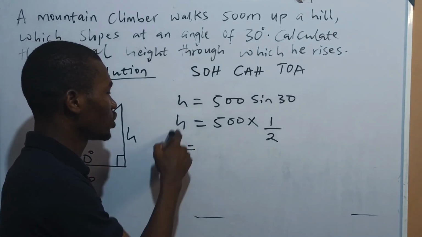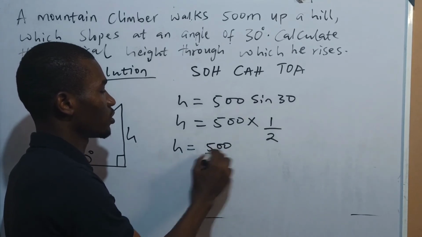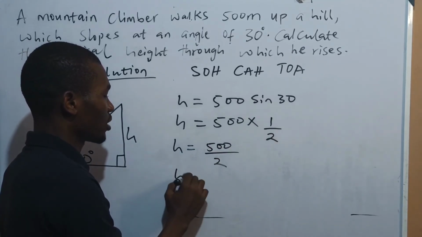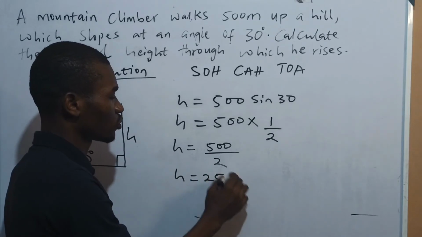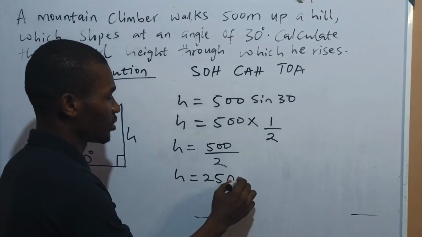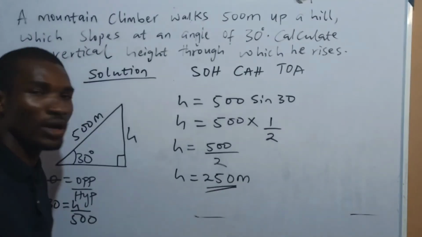Then we have h is equal to 500 multiplied by 1, which is still 500, all over 2. And h is equal to 500 divided by 2, which gives us 250. And the height is in meters. Hence, this is our answer.